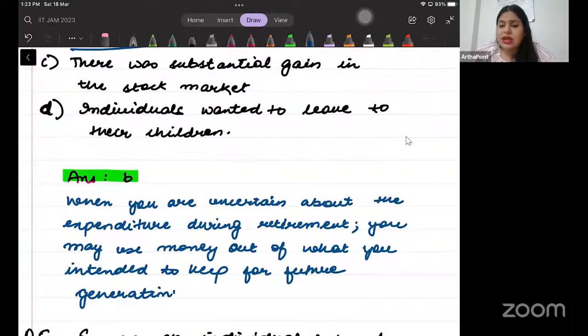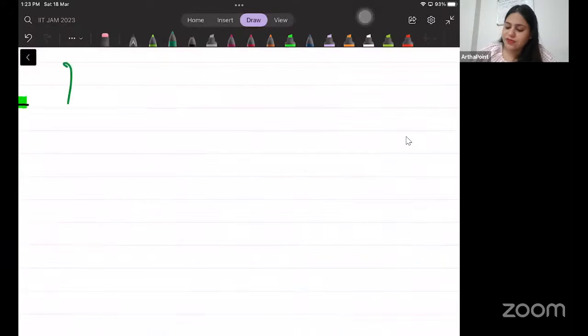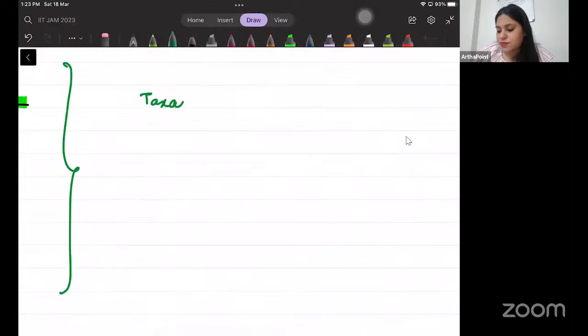This is a theory, not this exactly, but whenever we study about consumption theories, this comes into being. So there is a very well-known theory related to this. Let me just brief you about it. That's called a taxation theory, actually.